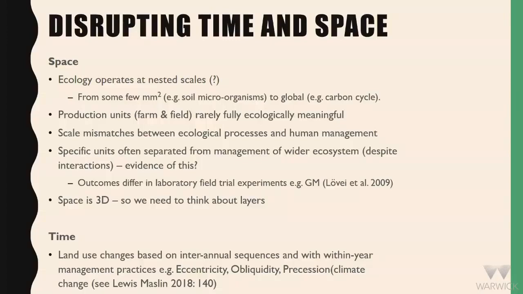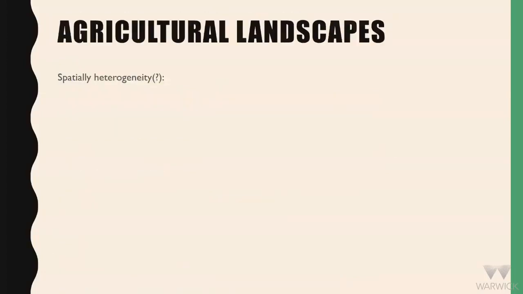It's because we have Christmas, which is a human-created cultural thing, that may or may not have negative or positive implications for the ecology of that production. So we need to think about 3D space and also time in terms of our impact.